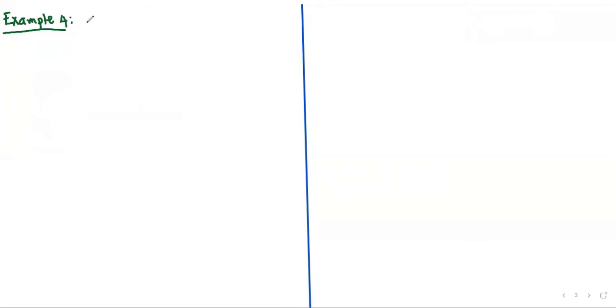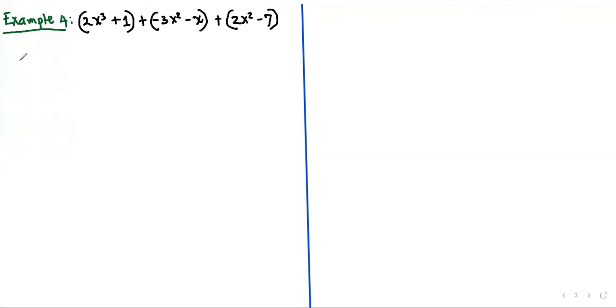Okay, so let's have 2x cubed plus 1 plus negative 3x squared minus x plus 2x squared minus 7. So these are 3 polynomials.